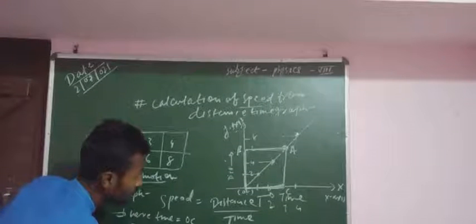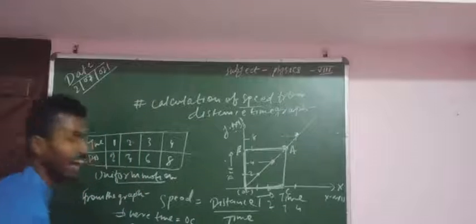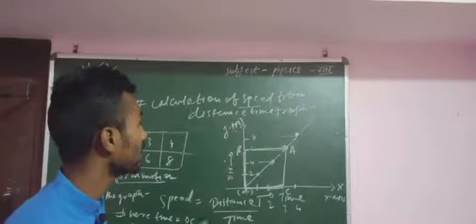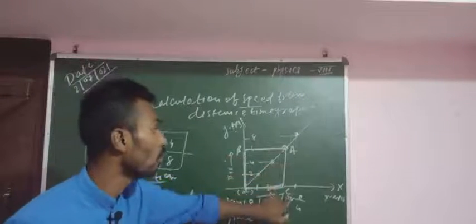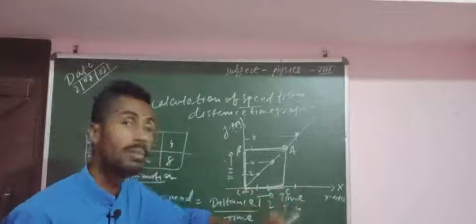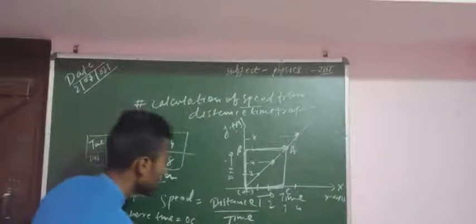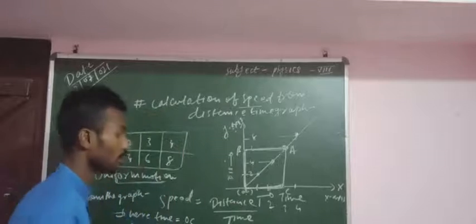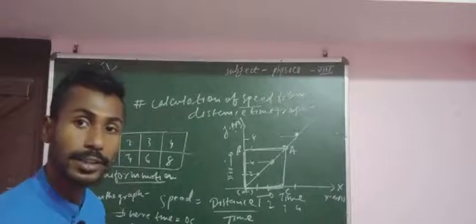Distance will be equal to OB, and clearly we can see that कि OB will be equal to AC. तो finally we can put this value in this formula.